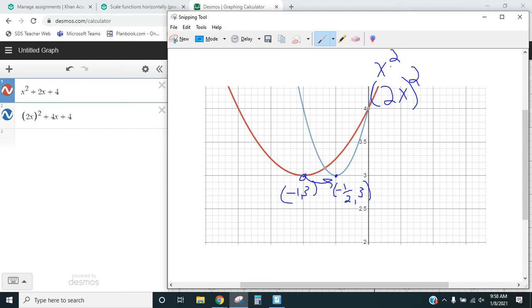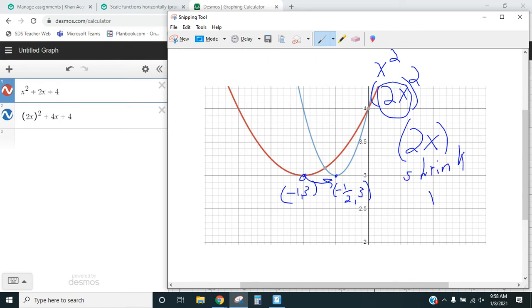If we replace x with parentheses and make it 2x, it actually means the graph is smaller or bigger? Smaller, right? We shrunk it down. It's a horizontal shrink when we see 2x. So 2x in parentheses, replacing the x, actually means it's going to shrink.